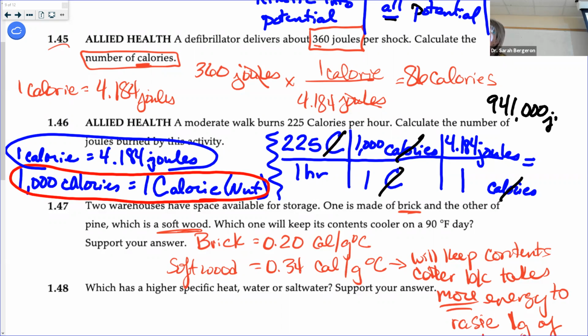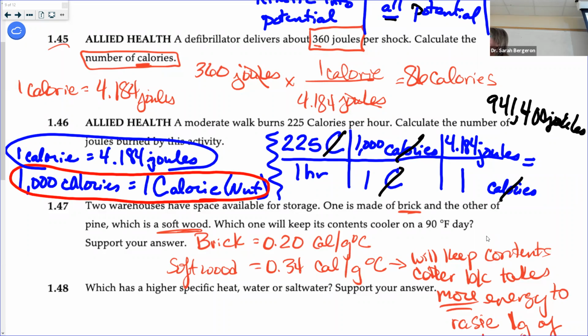941,000 joules. Joules, right? That's a comma. 400. Oh, sorry. 400. Like that. If I could write a 4 to not look like a 9, right? Okay.